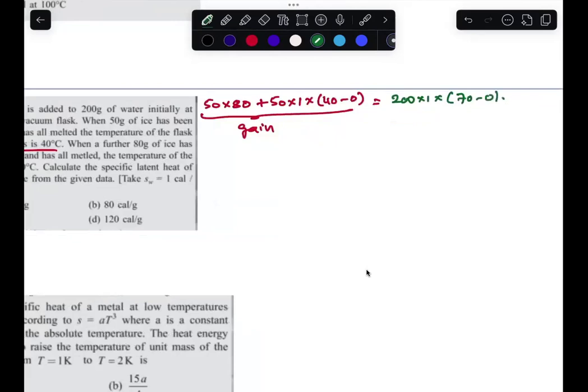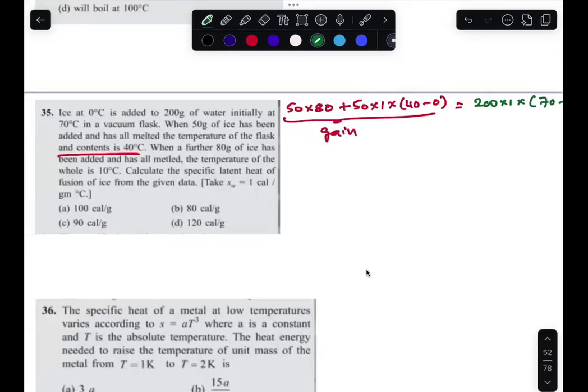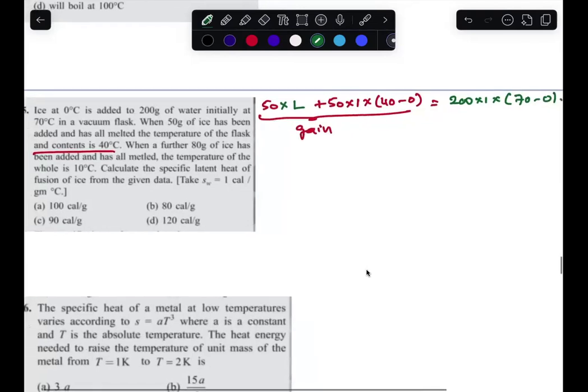Actually, I have used 80. Frankly speaking, I should not use 80. I need to find that only, L.